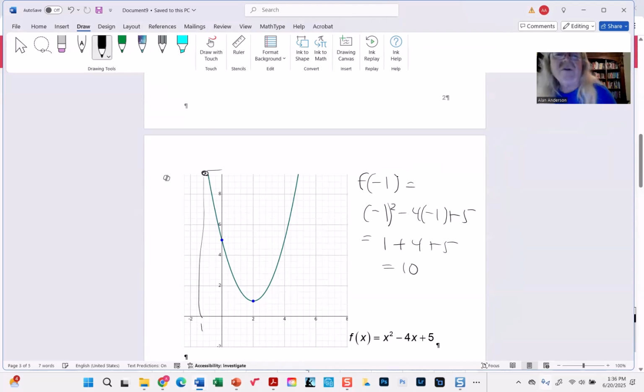I chopped it off a little too soon, but this is approximately the point. Negative 1, 10. Okay. Now, what about 3? 9 minus 12 plus 5 is 2.